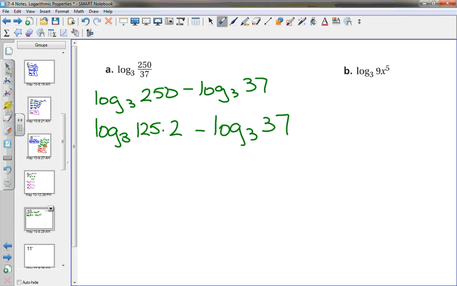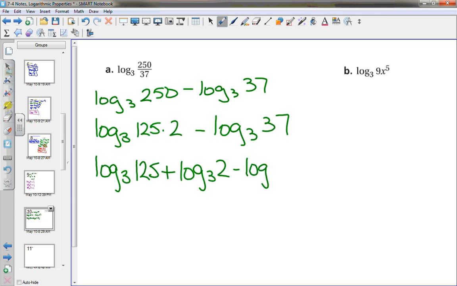But this over here, I can still do something with it, can't I? That 125 times 2, what can I do with it? I can separate this by addition because they're attached by multiplication, correct? And I heard somebody back there say something about 5. Sarah, what did you say about 5? 5 to the 3rd power is 125.